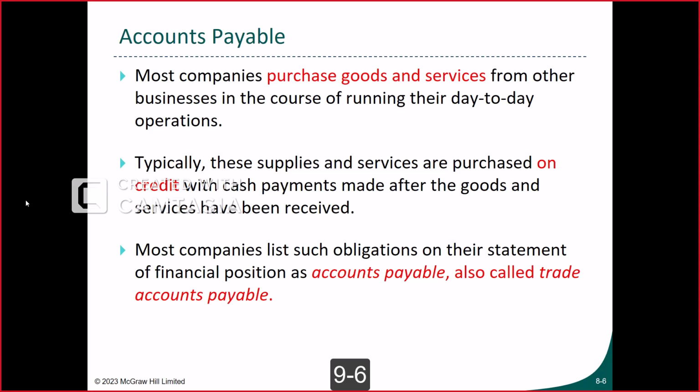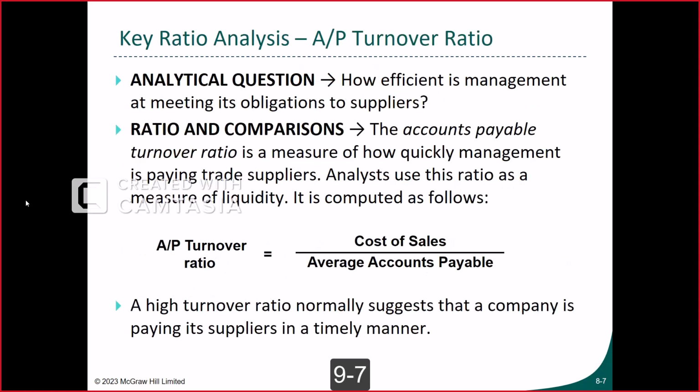And this is what we call either account payable or trade account payable. Account payable turnover ratio is one of the famous ratios you may decide to use in your project report.